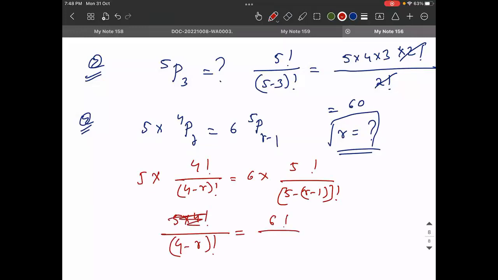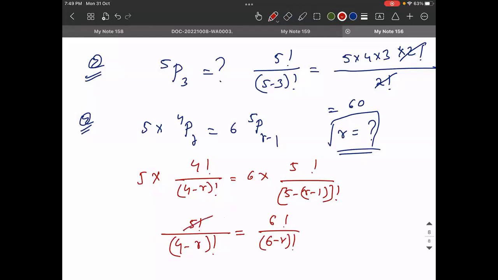So this is 5 factorial, right? 5 into 4 factorial is 5 factorial, right? Please tell me if you have doubt here. And this is 6 minus r factorial.